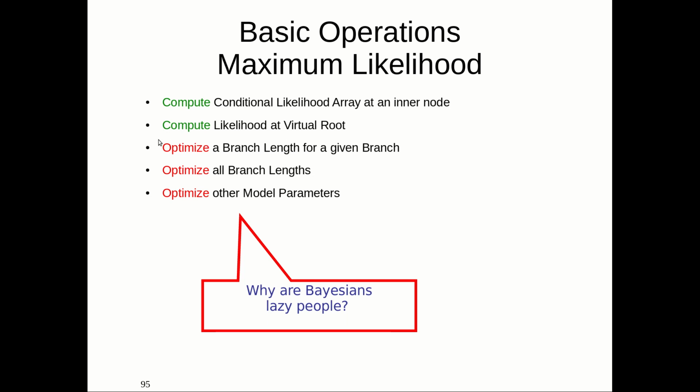So this is like the numerical challenge or the implementation challenge here. And with Bayesian programs, we're not doing any optimization, right? So we're just doing some sort of targeted random sampling, meaning that we don't need to build any optimization functions when we're implementing a Bayesian MCMC method. So that's why Bayesians are really lazy.